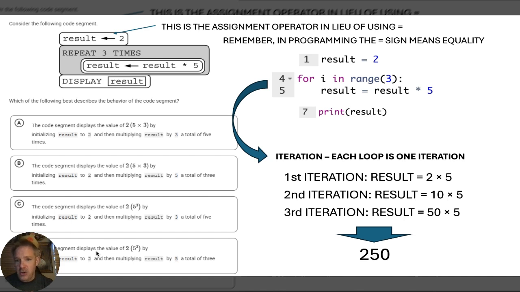They both say the code segment displays the value of 2 times 5 to the third power. But C says initializing result to 0 and then multiplying the result by 3 a total of 5 times. And D says multiplying the result by 5 a total of 3 times.